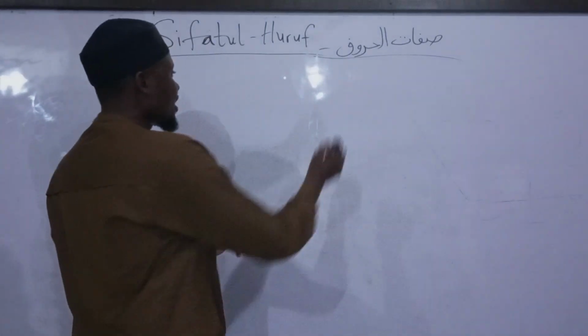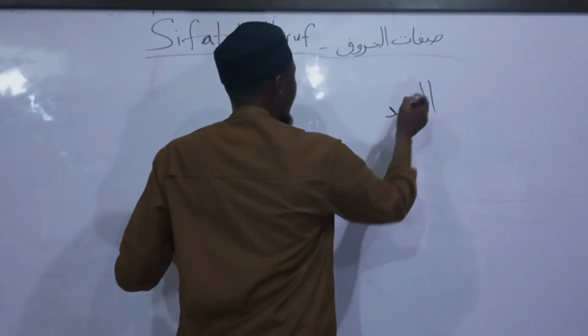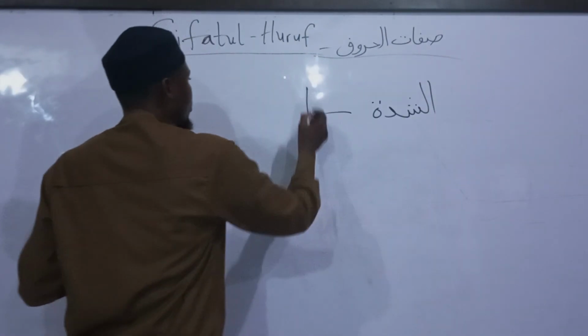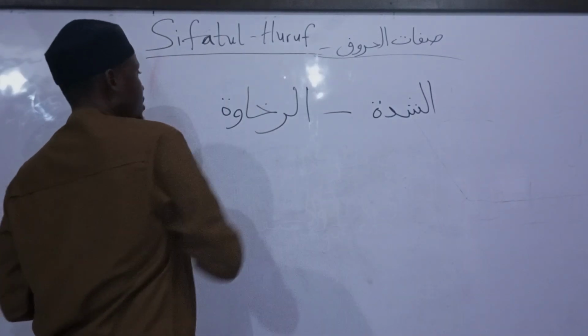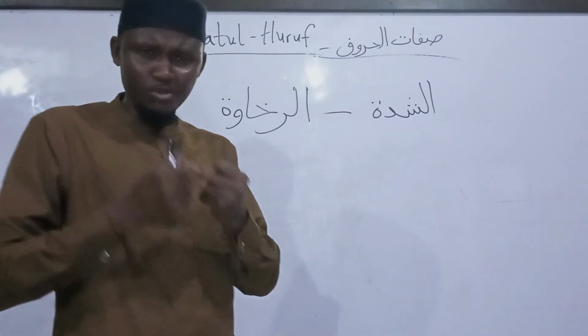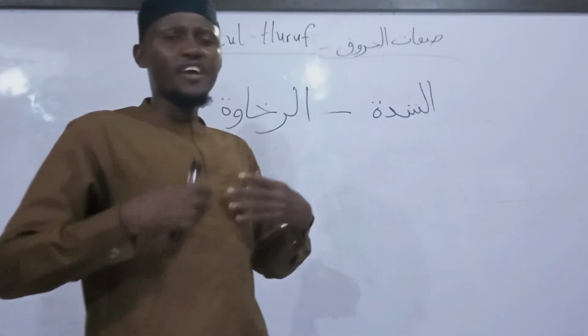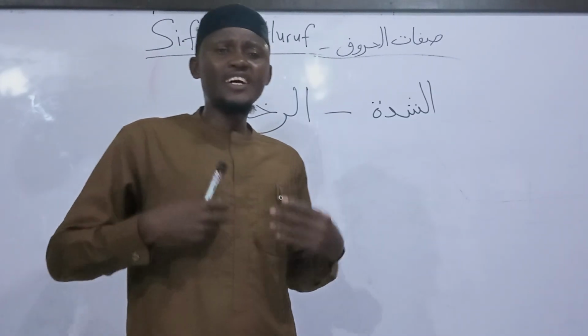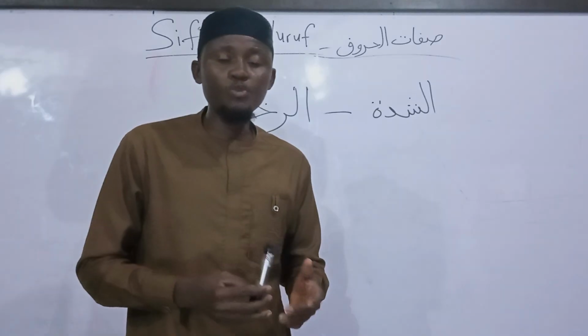For the next pair, we have ashidda and Ar-Rakhawa. Now, Ashidda, like the name suggests, Shidda means something strong, something severe. It is the attribute of letters that when you pronounce them, they have this strong pronunciation.